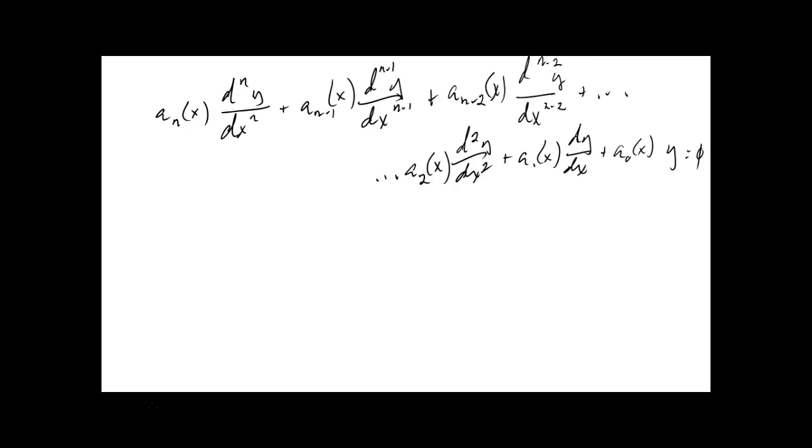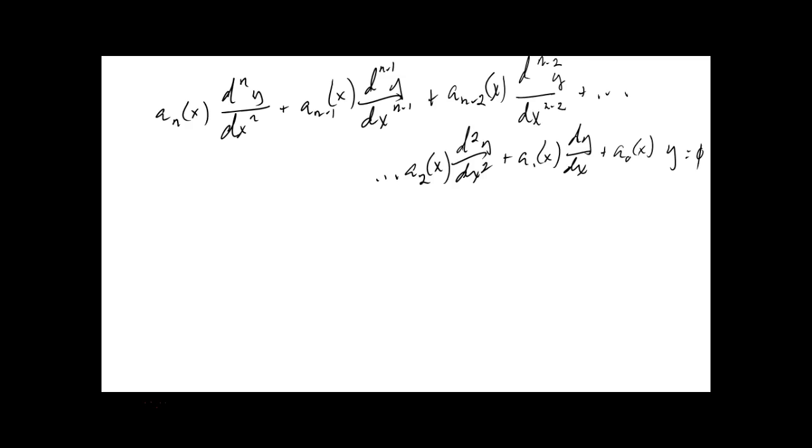And what we mean by this is it's a linear nth order differential equation, which means all the coefficients of your various derivatives here and the function itself are functions of x alone. No y's in these. And no derivative is raised to any power, and no derivative is multiplied by any other derivative or the function itself.